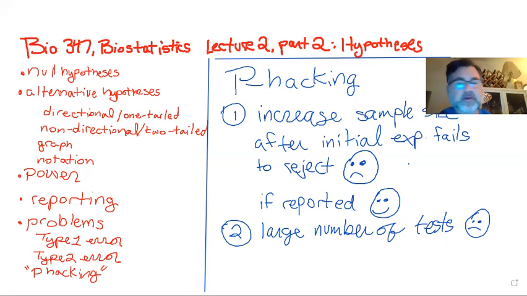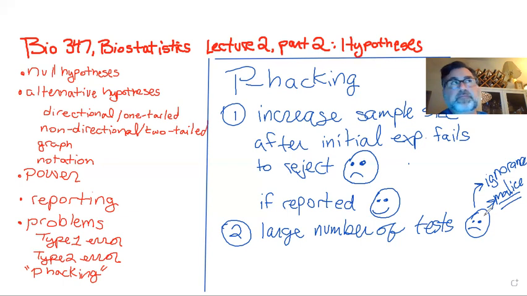And I would say this is unethical because if you don't adjust for the number of tests, you're either doing it out of ignorance or you're doing it out of malice. And either one is no bueno, okay? So you do a large number of tests, you have to adjust for it. If you don't and only report, it's really bad. I would say it's just malice.